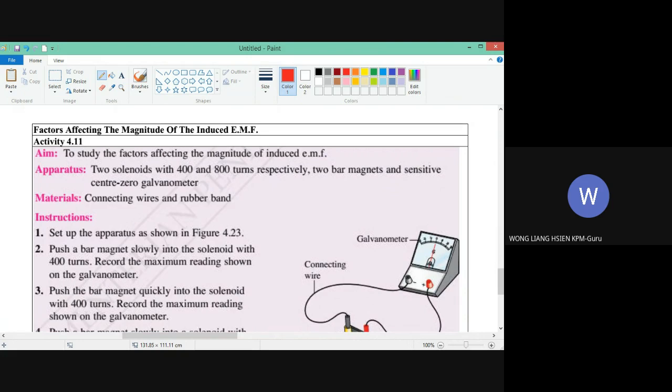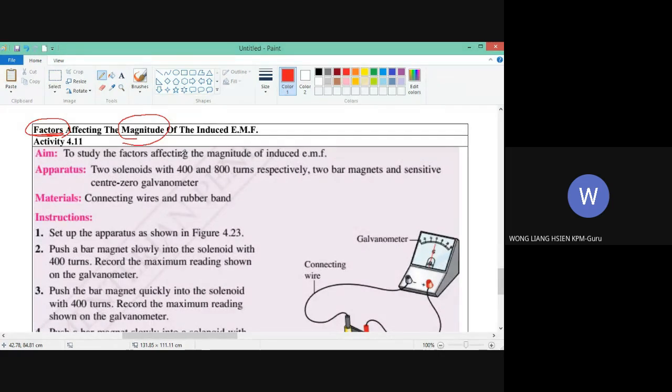So now we want to learn what are the factors that affect the magnitude of the induced EMF. That means what are the factors that can make the induced EMF bigger or smaller?